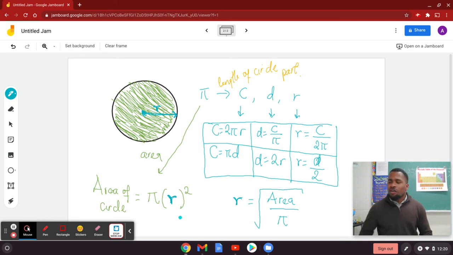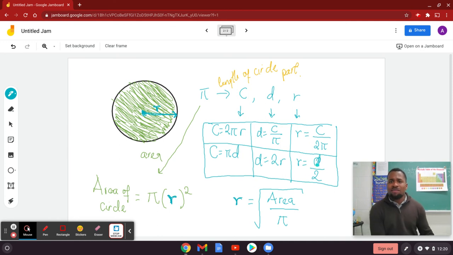And so all these are found in your calculator. So if you're given the area of a circle and you're asked to determine the radius, you have to do the area divided by pi, then take the square root, and you'll be able to determine the radius. And from the radius, you can determine the diameter.